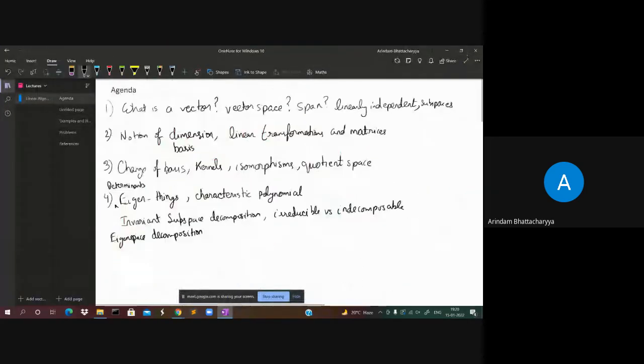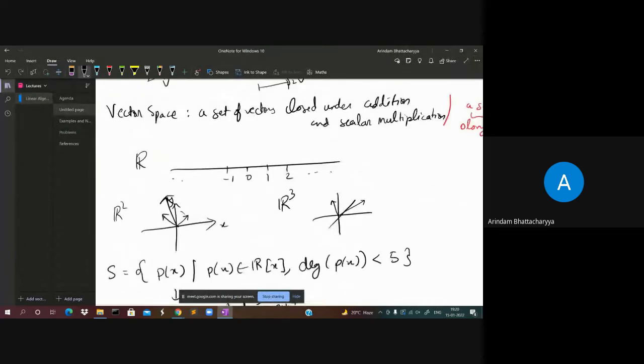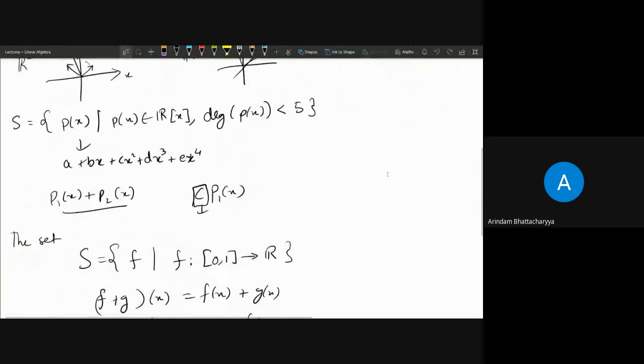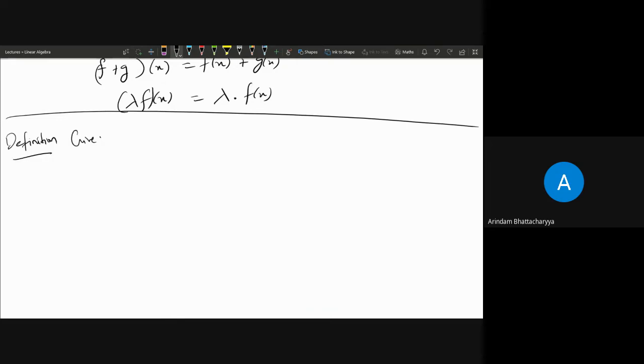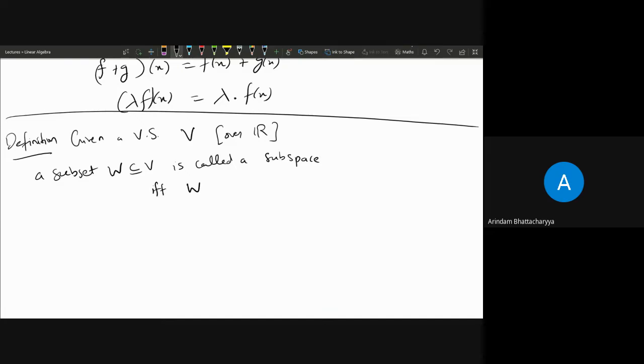Suppose I have the, okay, definition. Given a vector space V over, let's say, R, a subset W of V is called a subspace if W is itself a vector space.